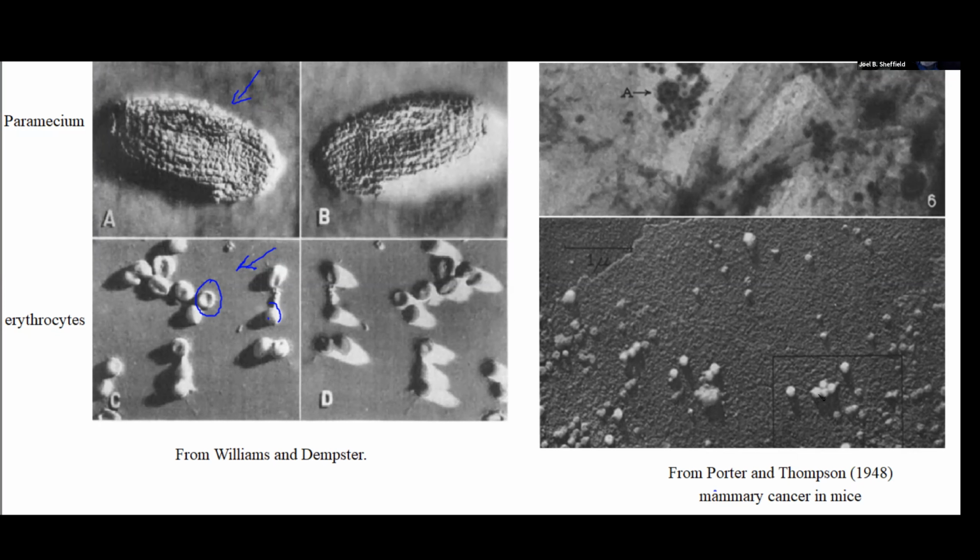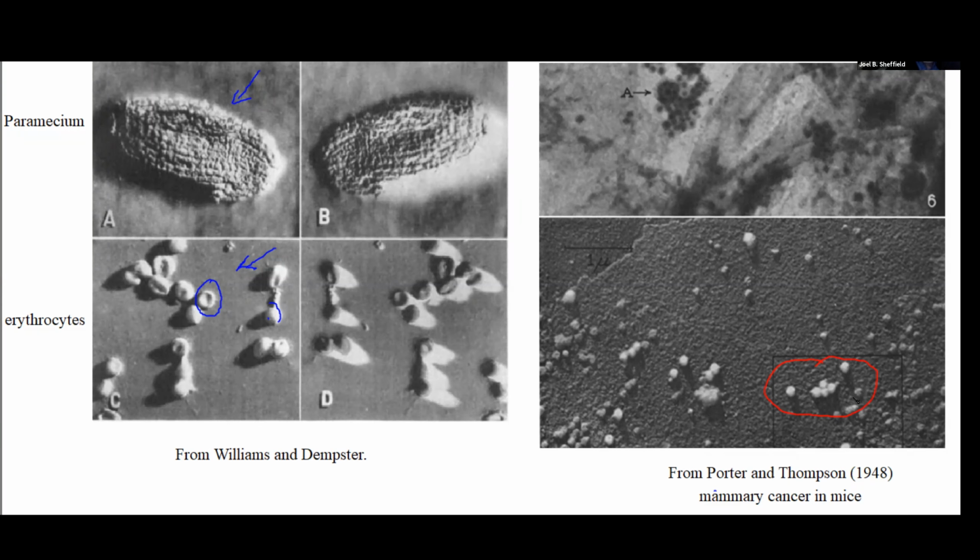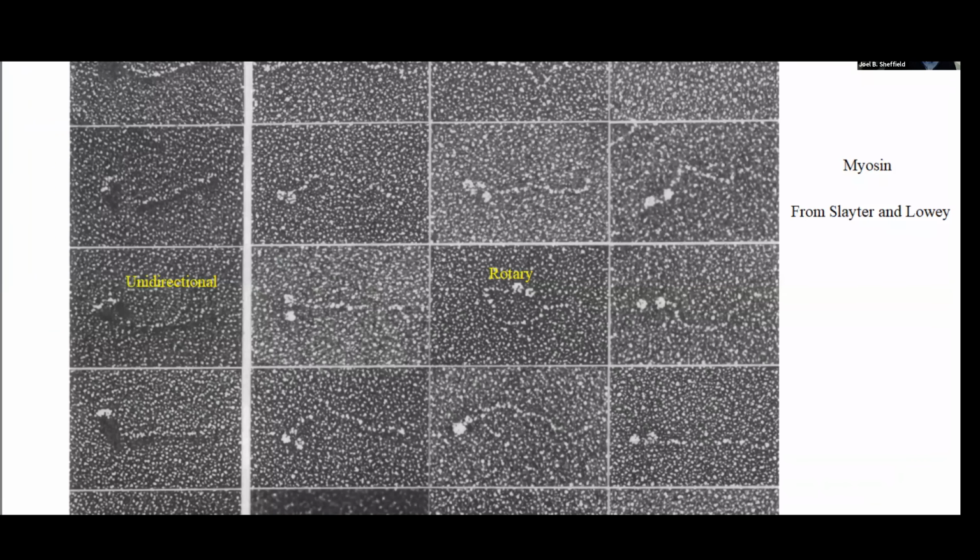And then they tried shadowing, and they saw a set, for instance, over here, of particles that were sort of standing out on the cells that they were looking at. And they were showing them, as you can see here, most dramatically by using the shadowing technique. But then it got to be much more sophisticated.